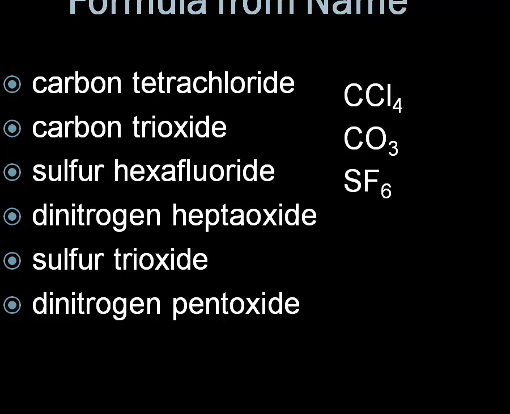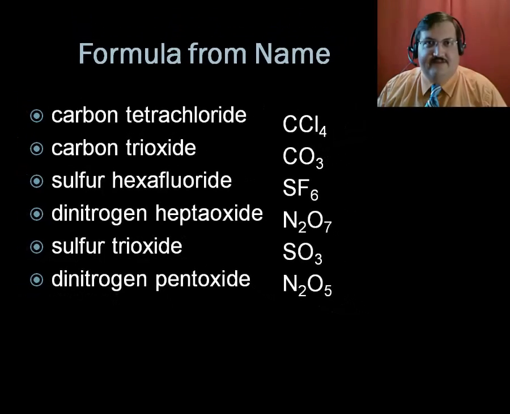I get SF6 for sulfur hexafluoride. Dinitrogen heptaoxide is going to be N2O7. Sulfur trioxide is going to be SO3. Dinitrogen pentaoxide is going to be N2O5.